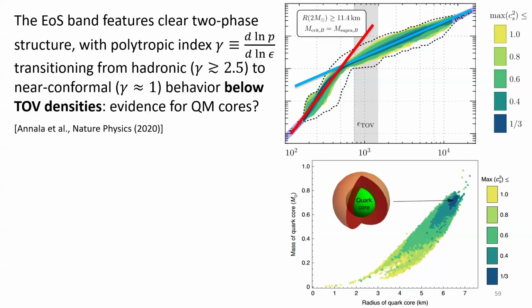This was not very robust, more or less for the fun of it, but we then looked at what would happen, and what happened was that we saw that for low maximal speed of sound equations of state, there would always be a sizable quark matter core, and the only way to compose fully hadronic maximal mass neutron stars would be to have an equation of state that basically reaches this one, or where the speed of sound almost reaches unity at some density.